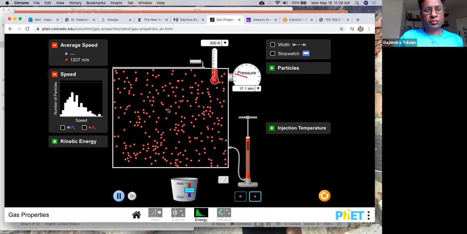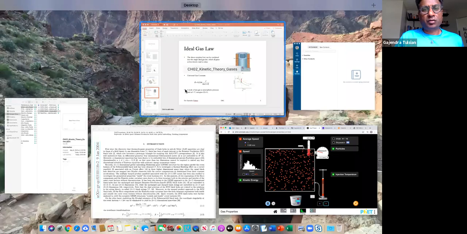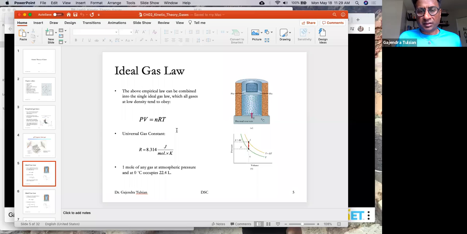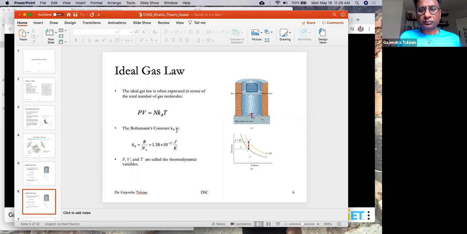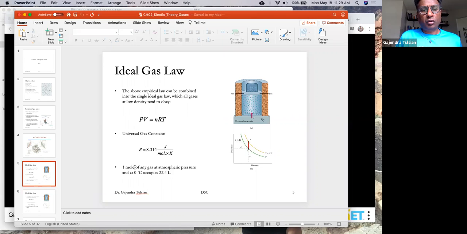By the way, 1 mole of any ideal gas at atmospheric pressure at 0 degrees Celsius occupies 22.4 liters. A gallon is 3.8 liters, so that's almost 6 gallons.